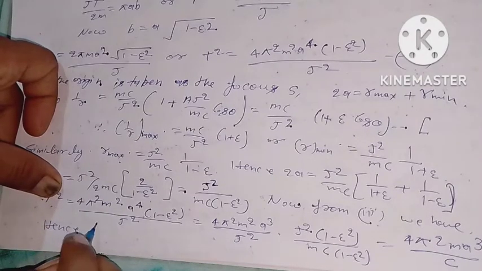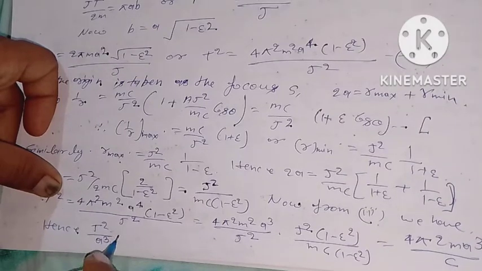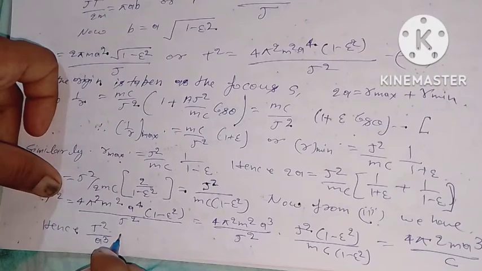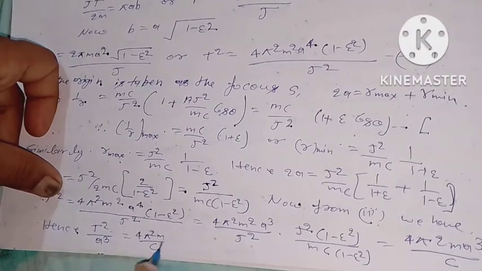Hence T square upon a cube equal to 4 pi square m by c, equal to a constant.